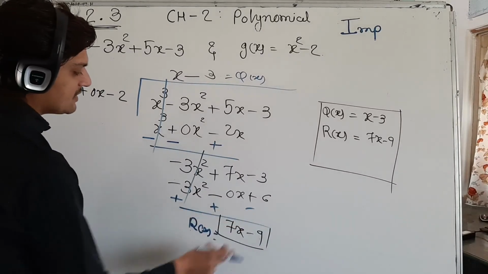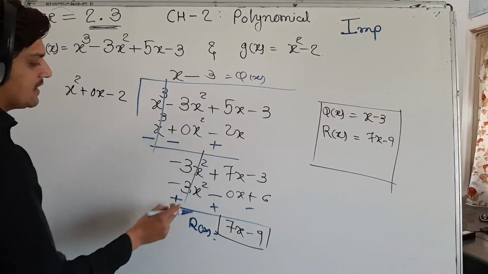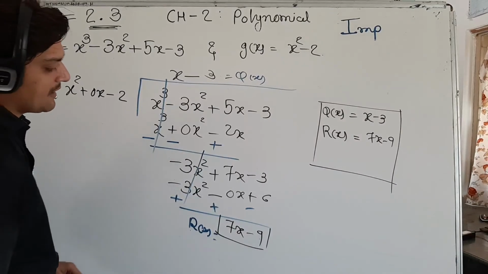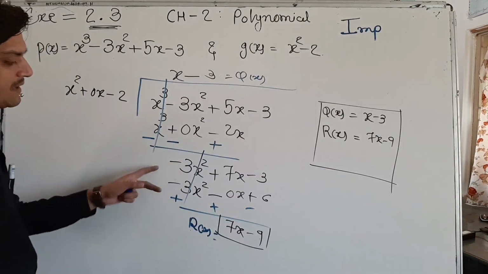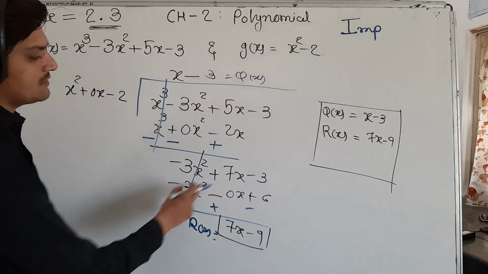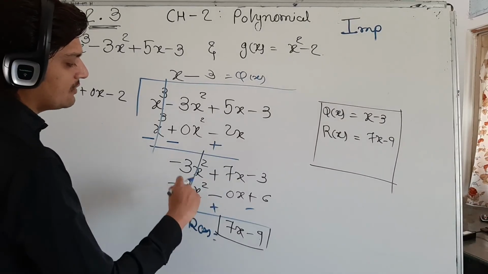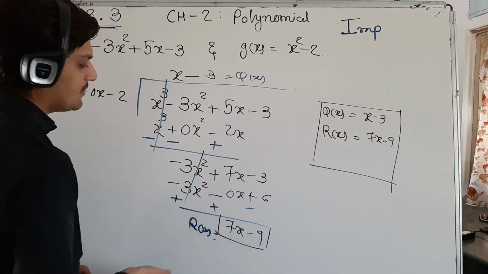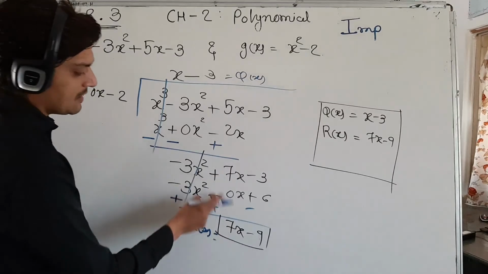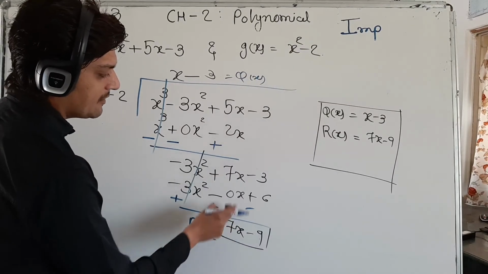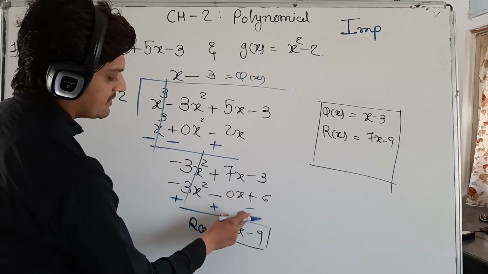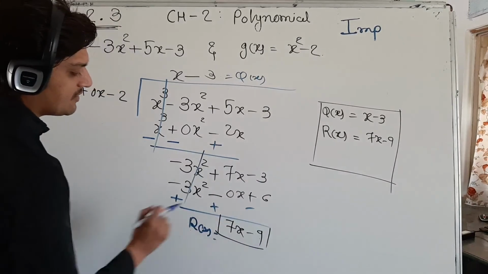Again we'll change the sign, so that we have cancelled the first term, because 3x square plus and minus will be cancelled. Now 7x, you add or remove 0x, the same term will come, so 7x only again, and minus 3 minus 6, minus 9 will come, that's your remainder.